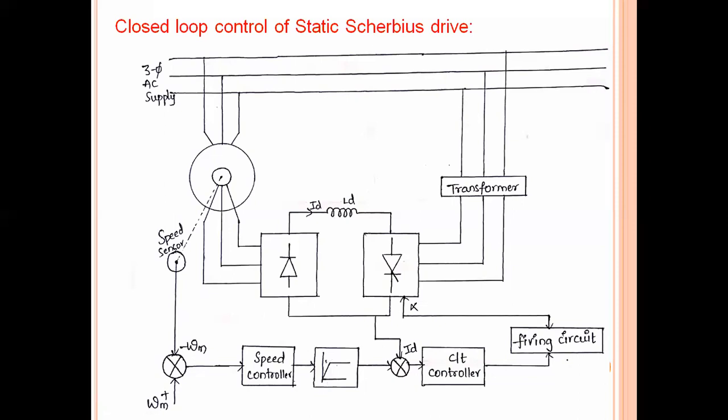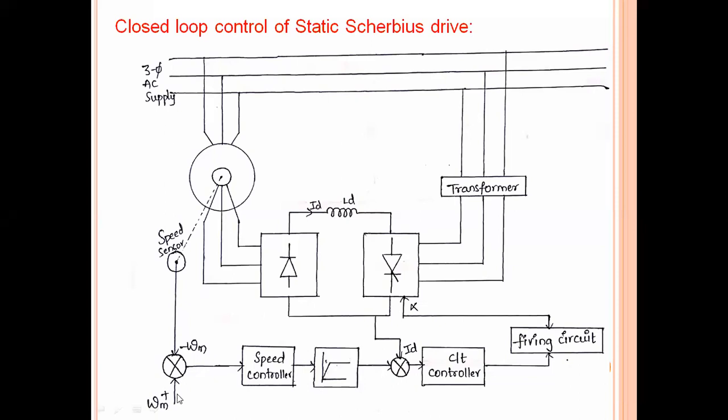For that purpose, a speed limiter is used. Consequently, this limiter restricts the circuit current for the inner current control loop at a value corresponding to its maximum allowable current, which is the reference current, that is ID star. So this ID star is produced by this limiter.